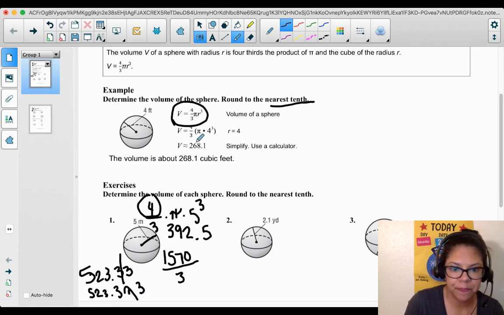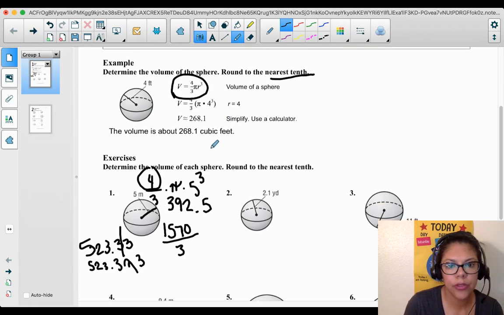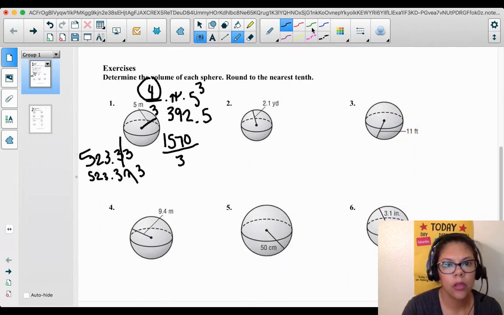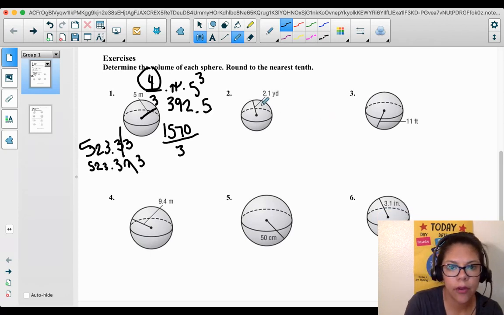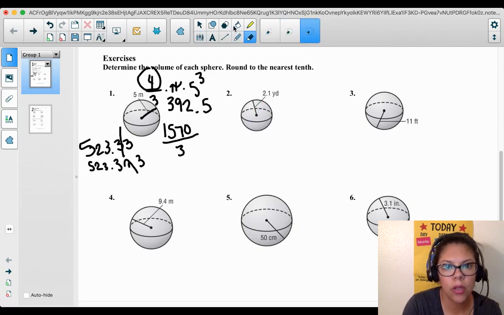All right, on to number 2. So here we have our radius, 2.1.